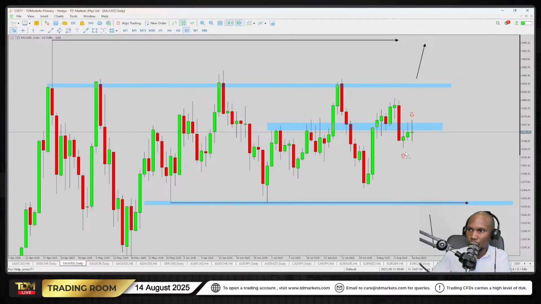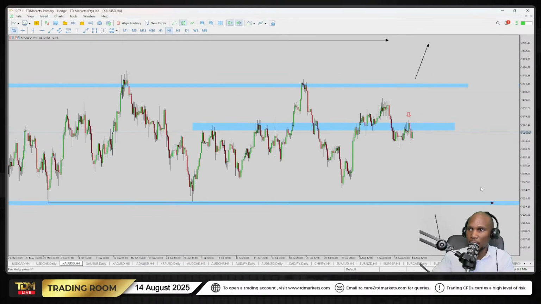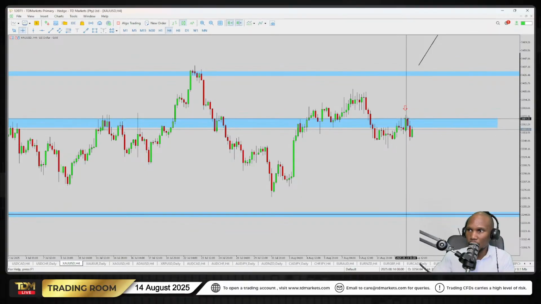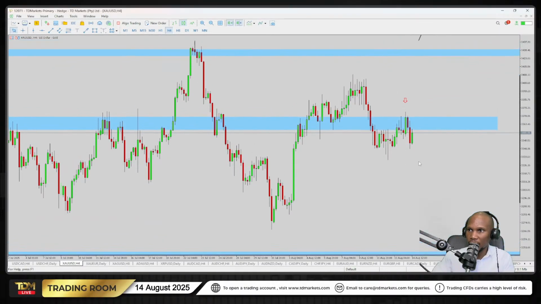In terms of doing the forecast here, should gold bounce from this zone, then it could give us a push towards the downside. If you take a look at the 4 hour time frame, this is how it's looking. Should gold bounce from this area, which seems like it could do that looking at this correction, there's a corrective pattern forming here.